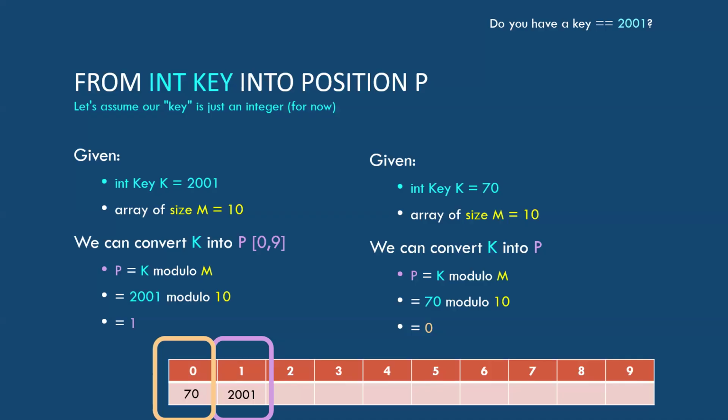You could initialize it to -1 or some impossible value for which you'll never get a key. That's probably about the simplest hashing function we could think of: the key is an integer value k, and we run the modulo to get the bucket location and then store it. Does everybody see that okay?